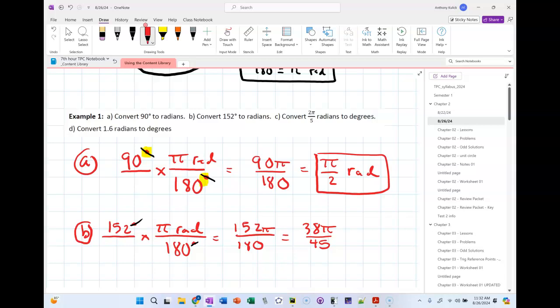It wouldn't be incorrect here, again, depending on the directions, where they ask for an exact value or not, or an answer in terms of pi or not. To convert this into a decimal again, if I type that into my calculator, I get like 2.65.